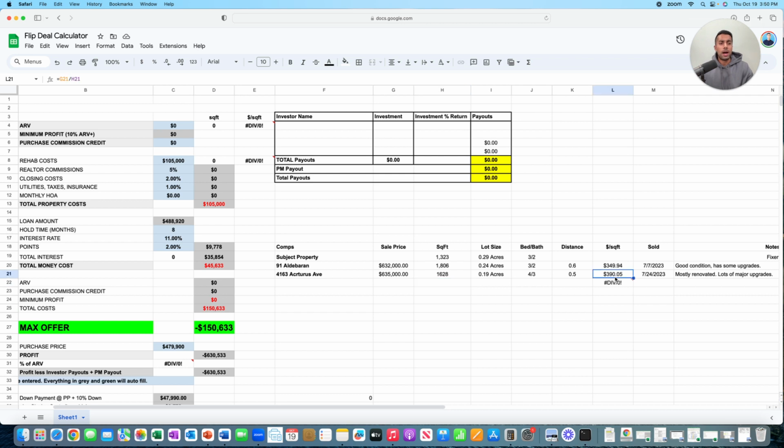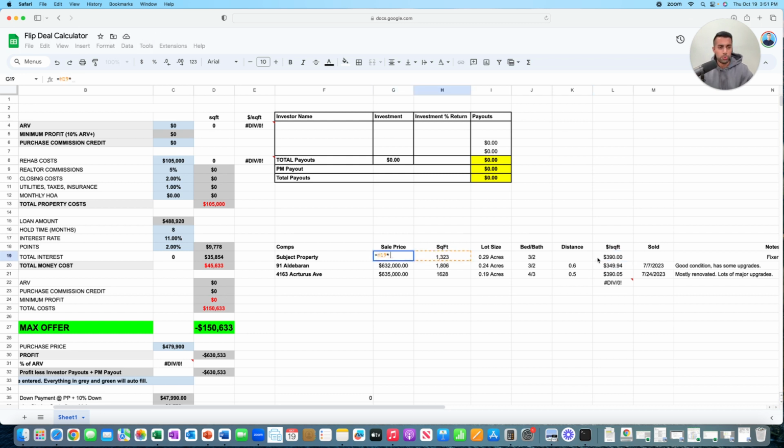And so I would err closer to this price per square foot when we're formulating our price per square foot on this property. And this is a smaller square footage, and our subject property, we're going to fully rehab it, right, with this $105,000. So we're going to command an even higher price per square foot. Let's just go ahead and do the same for right now, right here, and then let's see what this sale price turns out to be.